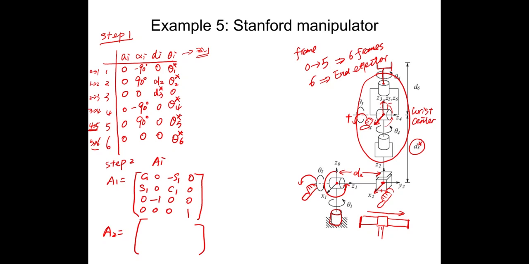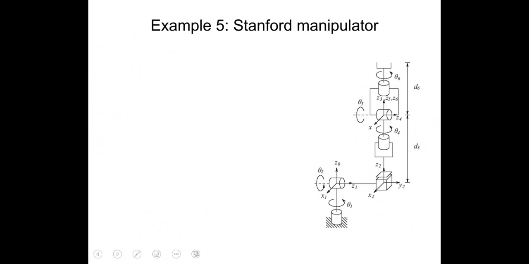Then my A2 matrix, based on my calculation with these four parameters, is C2, 0, S2, 0, S2, 0, negative C2, 0, 0, 1, 0, d2, and here we have 0, 0, 0, 1. And I calculate my A3.